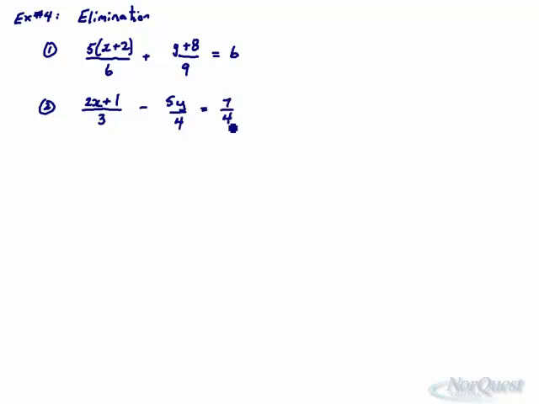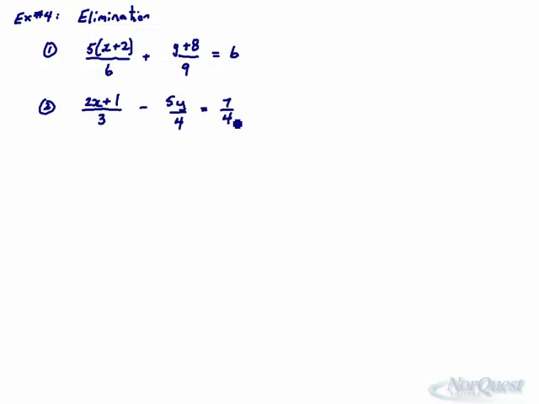So we have 5 times x plus 2 over 6 plus y plus 8 over 9 equal to 6. There's equation 1. Equation 2 will be 2x plus 1 over 3 minus 5y over 4 equal to 7 over 4.